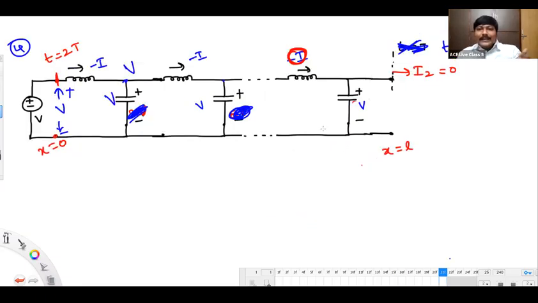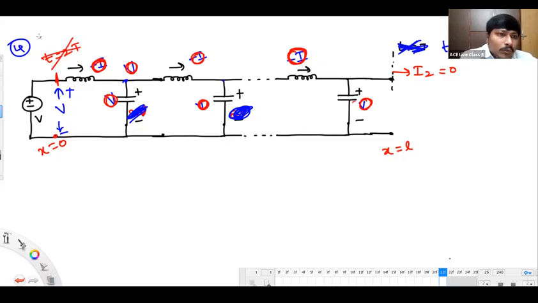Now, what current is getting discharged? Minus I. Because of that minus I current discharge, this voltage will fall down to 0. All of you understood this? Like that, minus I current getting discharged means voltage will fall down to 0.